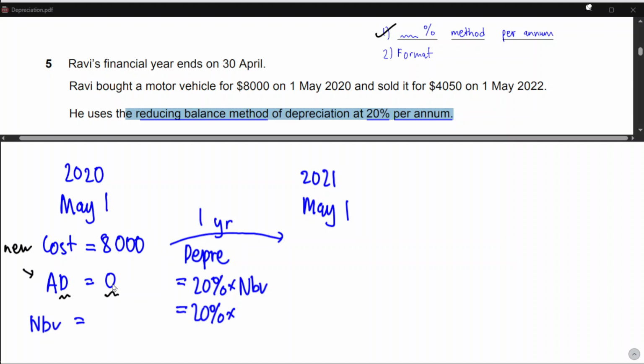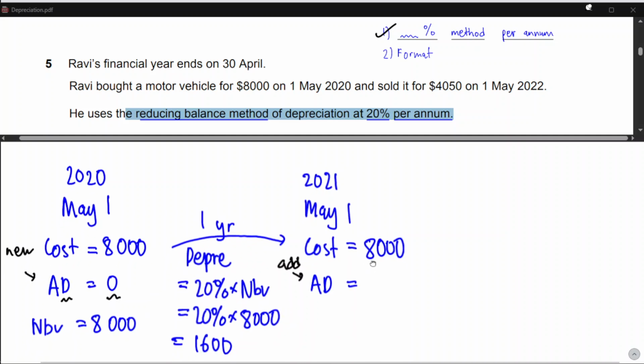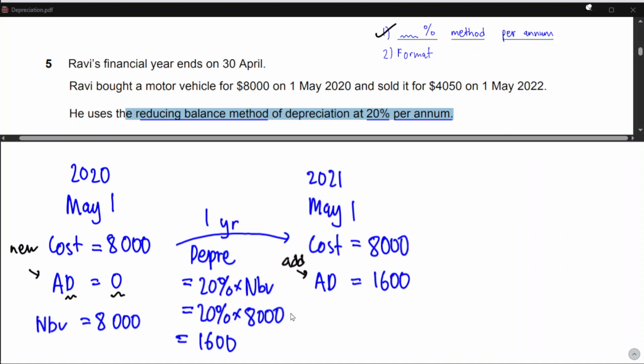Then the cost is the same, and the AD stands for accumulated depreciation, so we add this and this, and you get 1600.